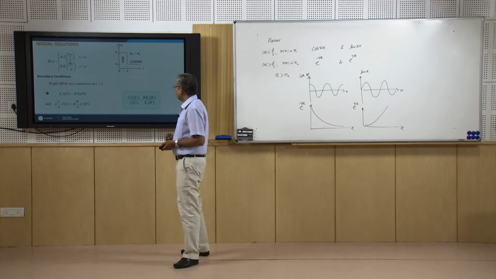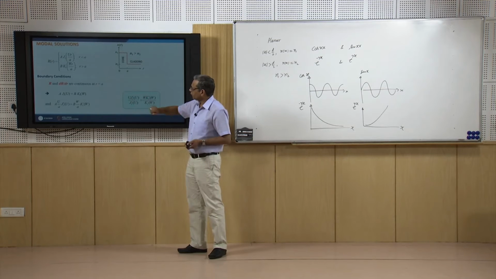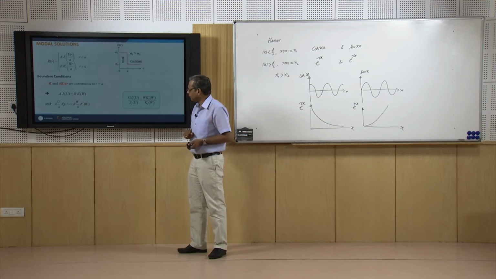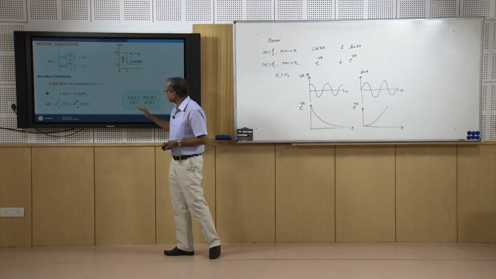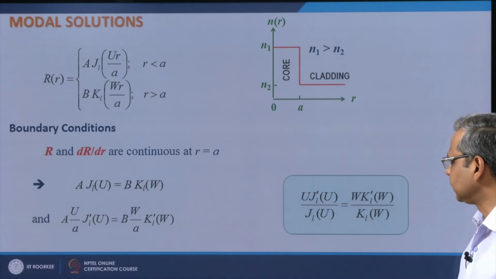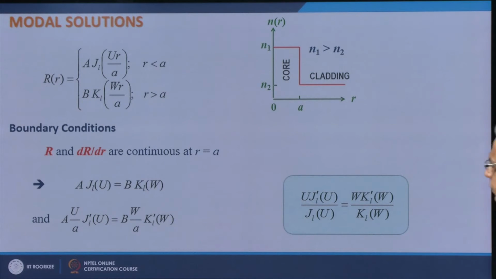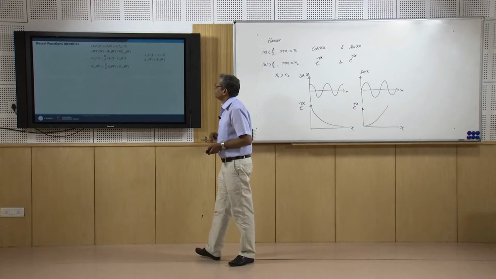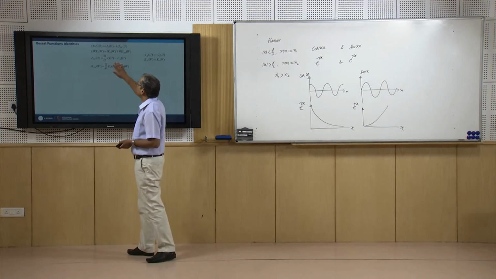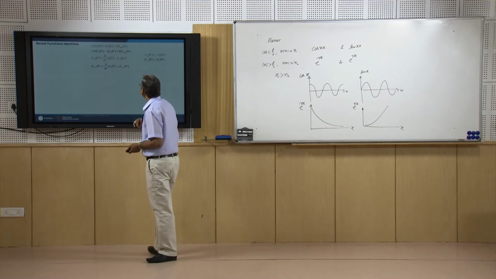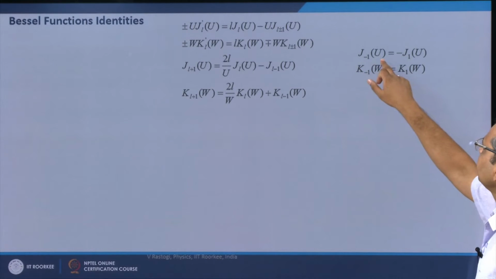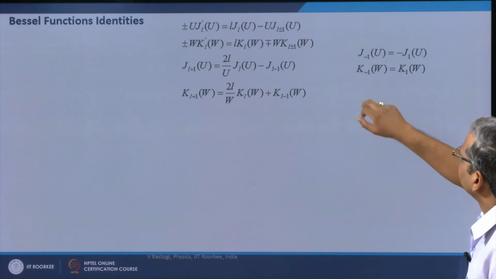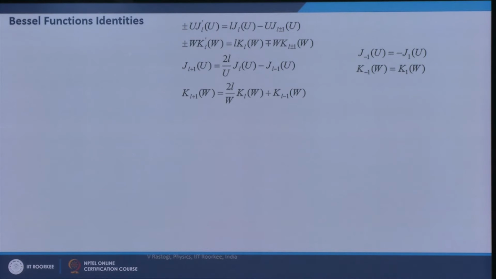But this equation has derivatives of Bessel functions. So, either I numerically solve them using the derivatives, or I can represent them in terms of Bessel functions itself, non-primed functions. For that I can make use of identities of Bessel functions. The Bessel functions satisfy these four identities, and we also make note that J_{-1}(U) is equal to minus J_1(U) and K_{-1}(W) is equal to K_1(W).